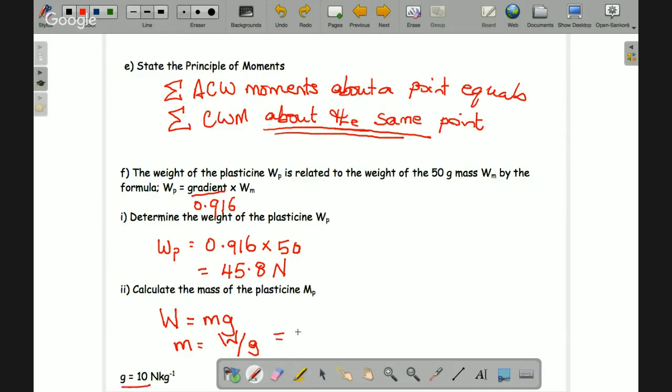So the mass is 45.8 divided by 10, and we get 4.58. This would be kilograms. All right, this will have to be kilograms.